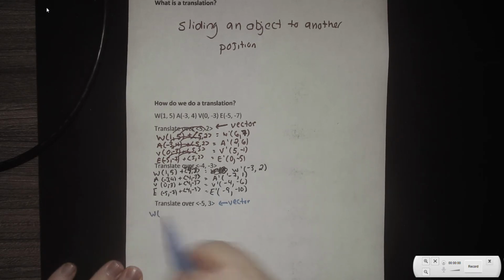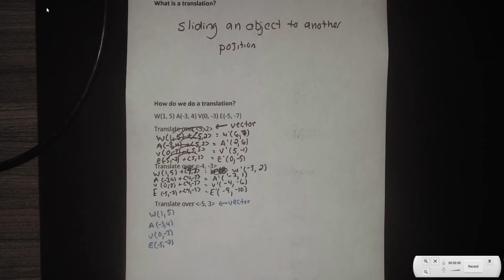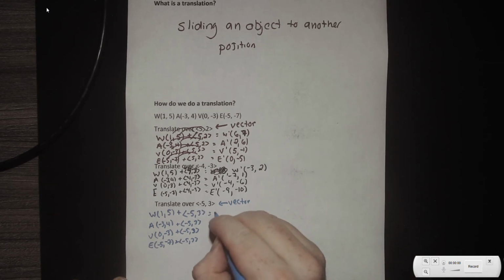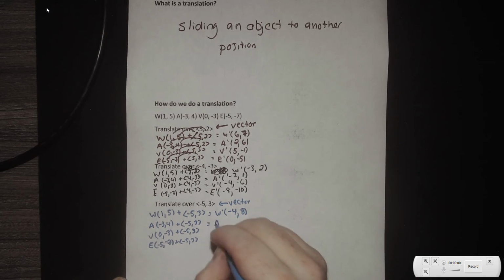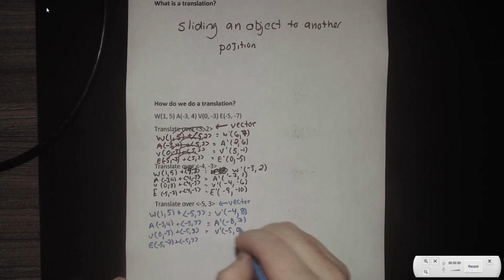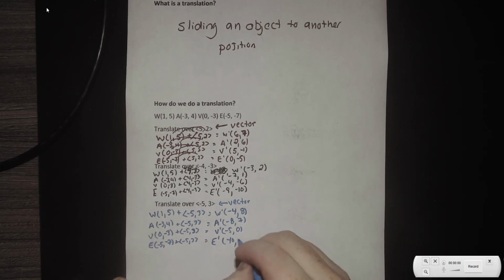Okay, and then finally, I'm going to add -5, 3 to all of them, and so I'm going to get -4, 8, -8, 7, -5, 0, -10, -4.